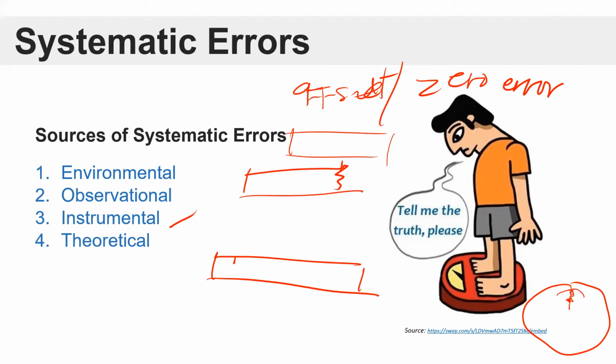But sometimes the pointer is not at zero. Sometimes it's at 10, or 105, or 100 or something. It will not give correct measurements. The same with the ruler. A ruler has markings for zero, and when you use a ruler, that is where you line up the edge of the object you are measuring.